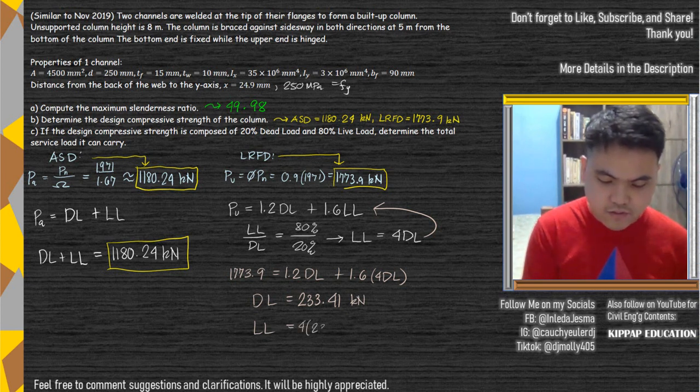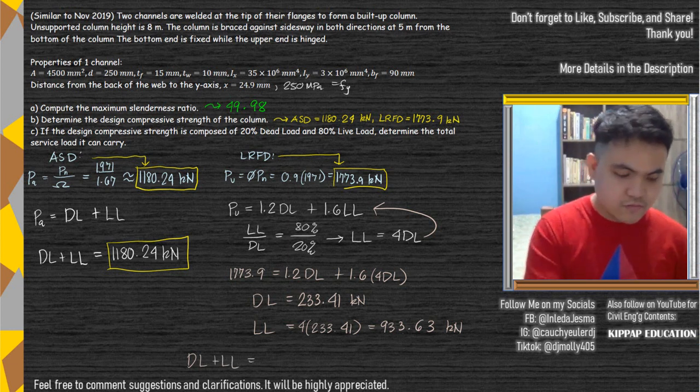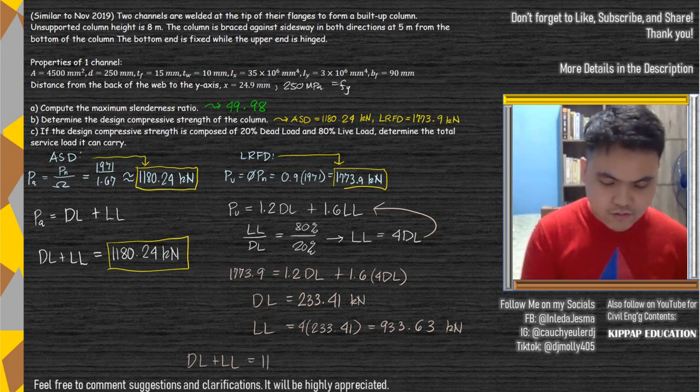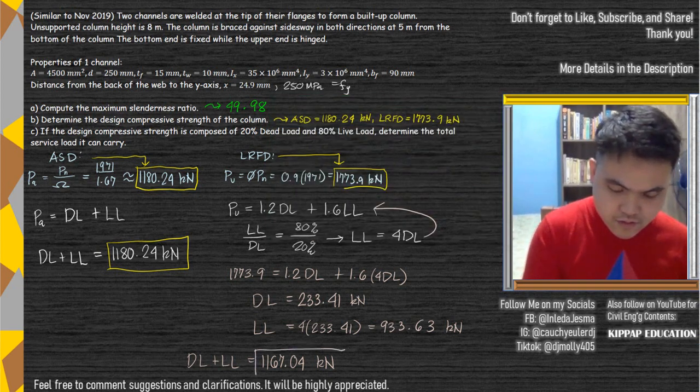So, 4 times 233.41, and that is 933.63 kilonewtons. So, we have the total service load. Dead load plus live load is equal to 1,167.04 kilonewtons. And this is already our answer.